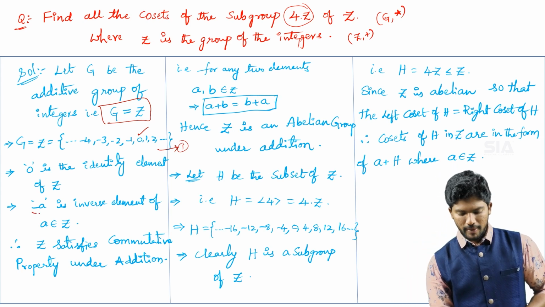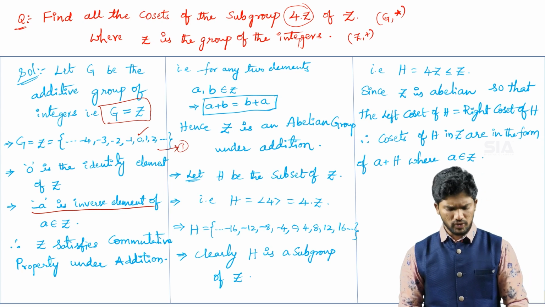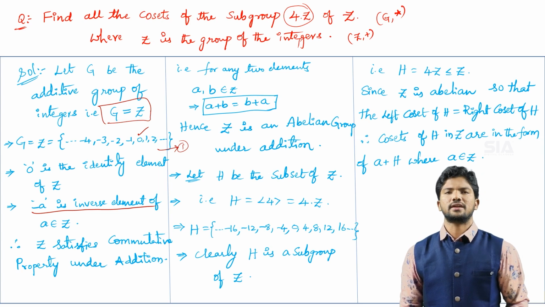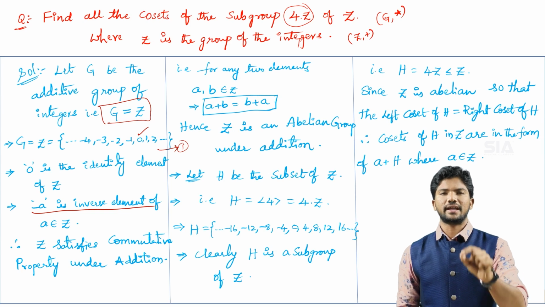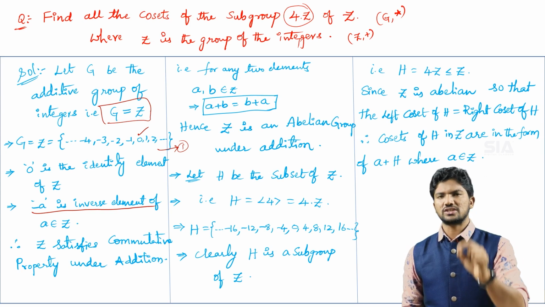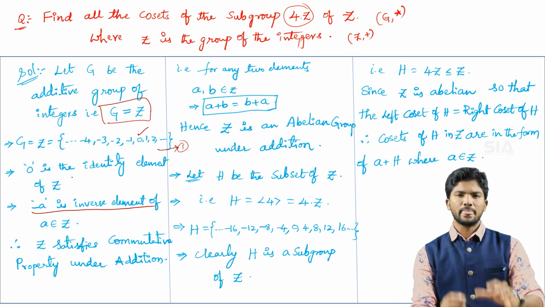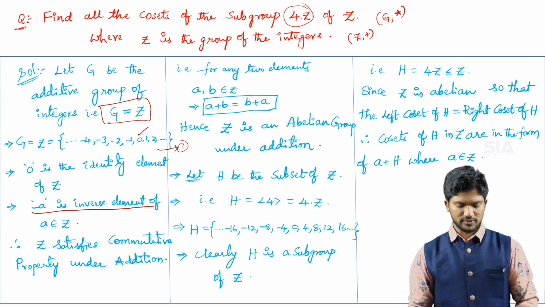Here minus a is the inverse of small a belonging to Z. If you take any element from equation number 1, definitely each and every element has an inverse. If you take 1, minus 1 is there; 2, minus 2 is there. So with respect to addition, minus a is the additive inverse of small a.